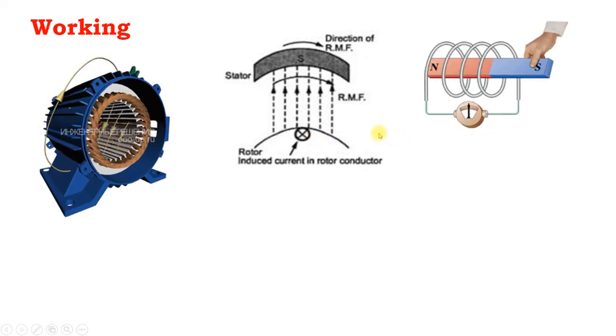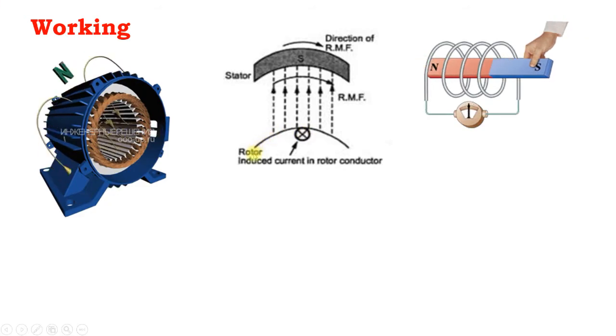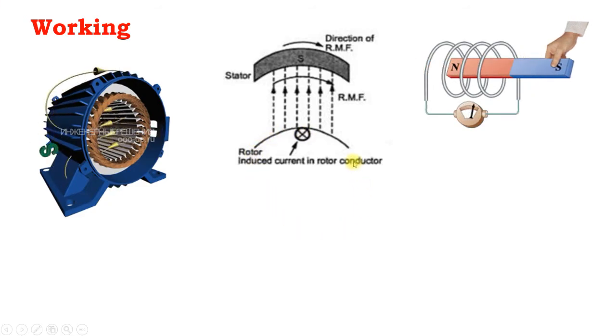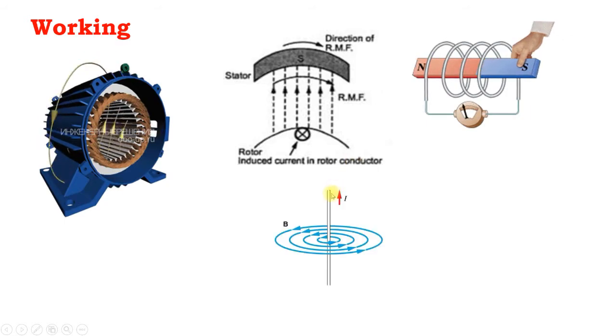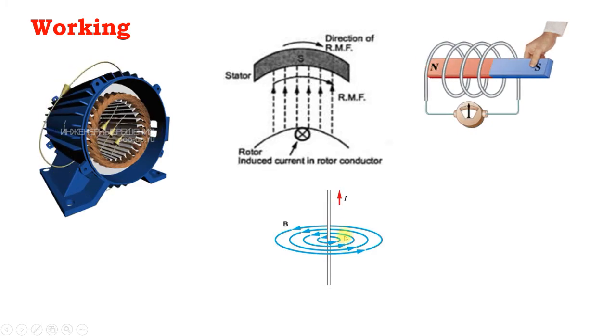According to Faraday's law, we know that when the conductor is constant and the magnetic field changes, then EMF is induced in the conductor, and this conductor's path is closed by the end rings due to short circuit. So the current will circulate in each conductor. As you know, a current carrying conductor produces a magnetic field around it.